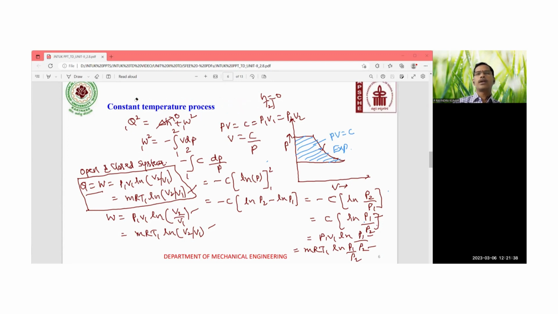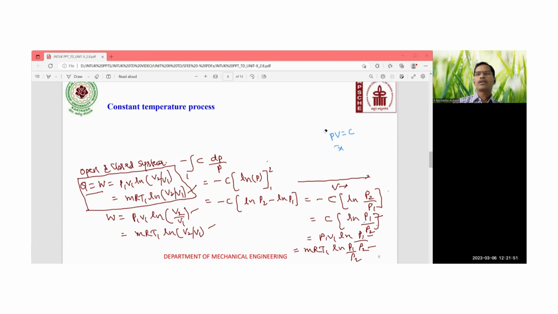So this is the isothermal process where the temperature remains constant. Next, there is the isentropic process and the polytropic process.